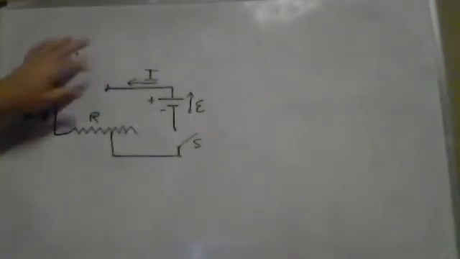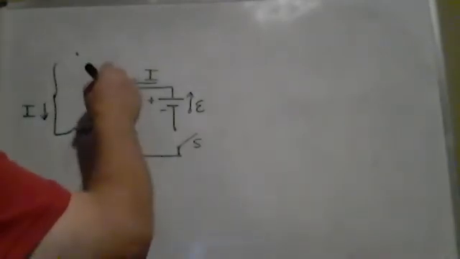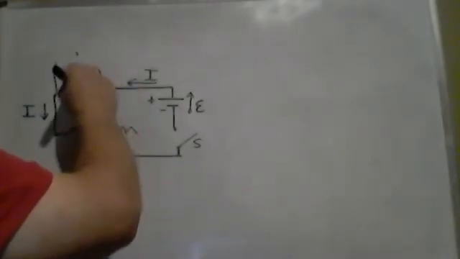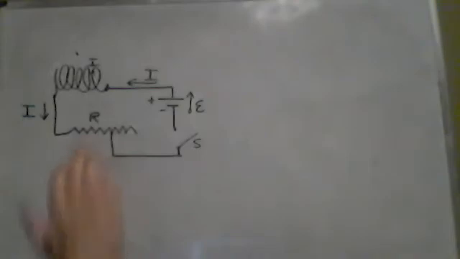Actually, let me draw this a little bit differently. Draw this current. All right, so I have my current going up, and I'm establishing a magnetic flux to the right.